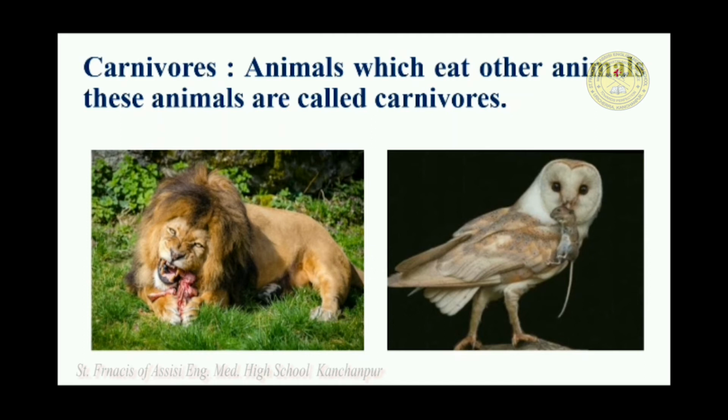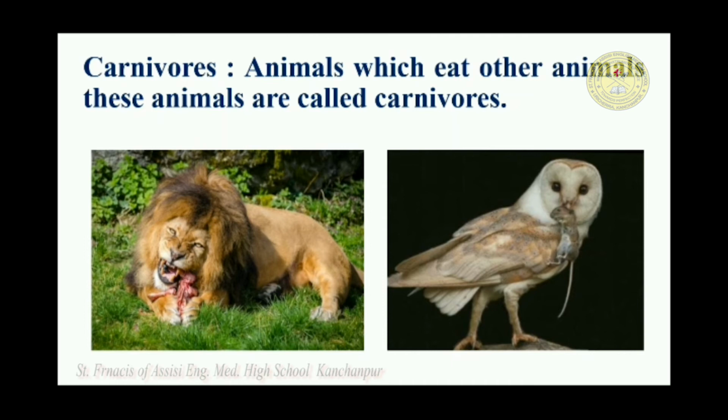There are also flesh eating birds like eagle, owl and vulture. They also have a sharp beak and claws, and with them they capture and kill their prey. They also have keen eyesight to spot their prey from a height.